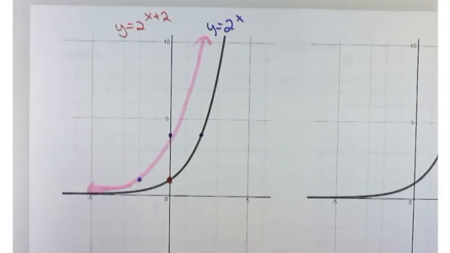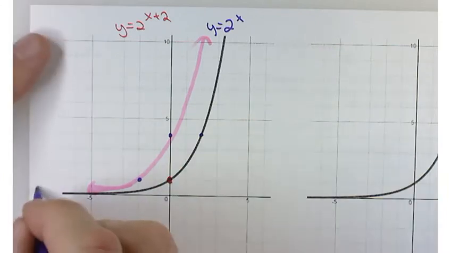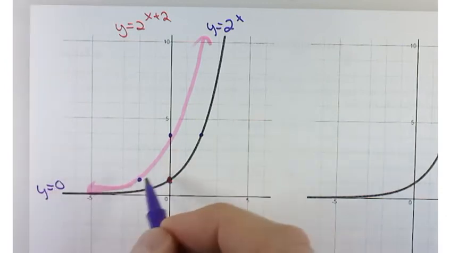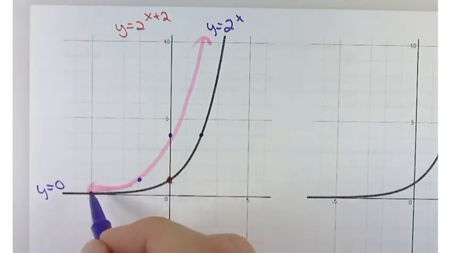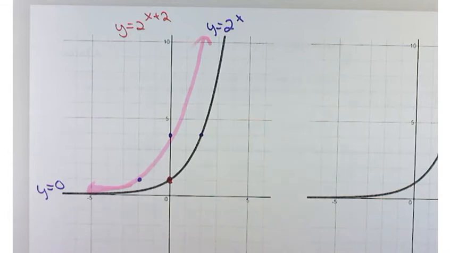Something like that is what you should get. Now, one thing you want to be careful of, remember you've got this line down here at y equals 0. The graph should come close to, but not touch, that line. Okay, good with that.